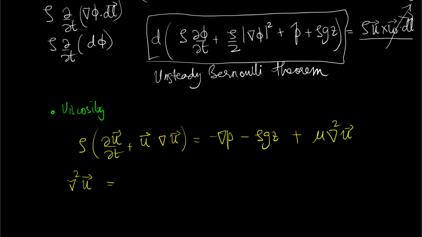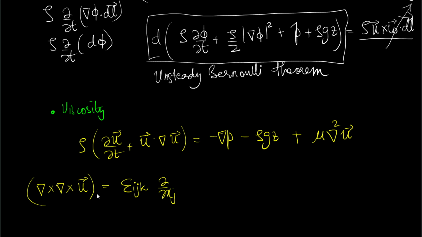So let us look at this particular term, nabla cross u. Okay, so nabla cross u is epsilon ijk del x j.